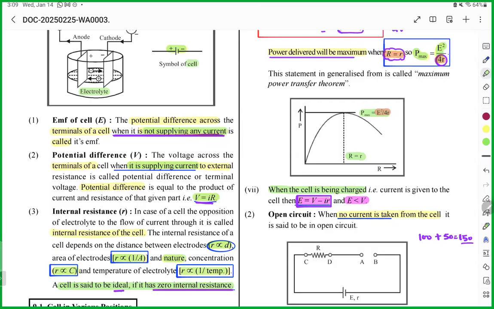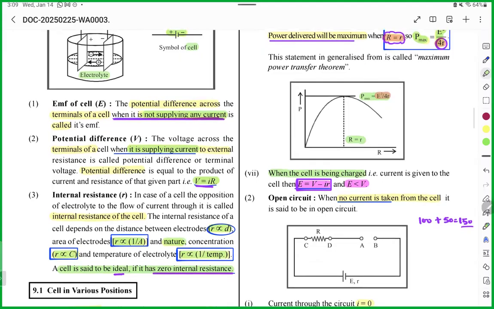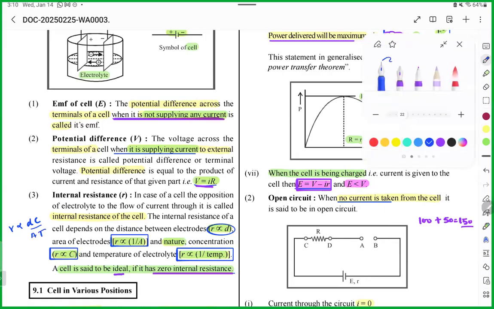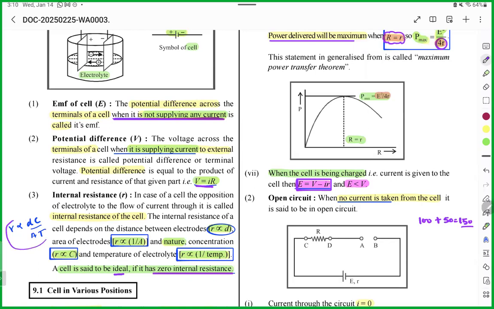Correct? So using this method, you can say your internal resistance will directly depend upon the distance between the plates, concentration of the solution, area, and temperature. These are the four factors that affect the internal resistance of the system. Okay, internal resistance.